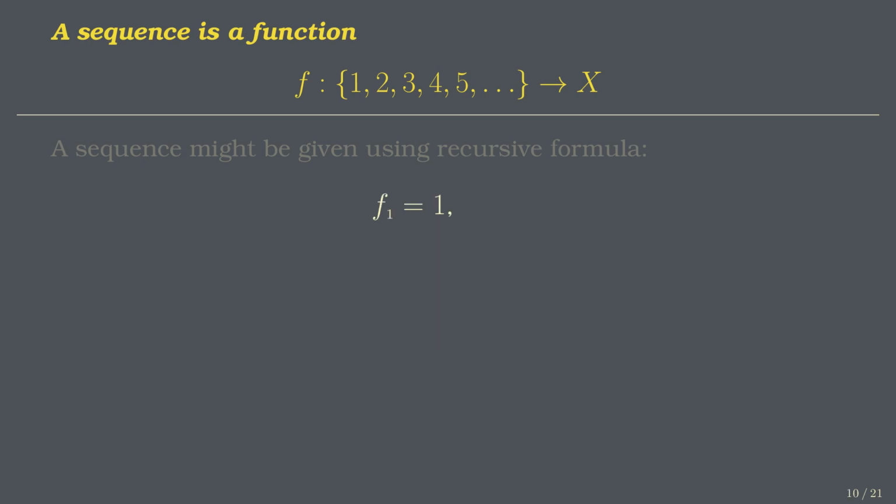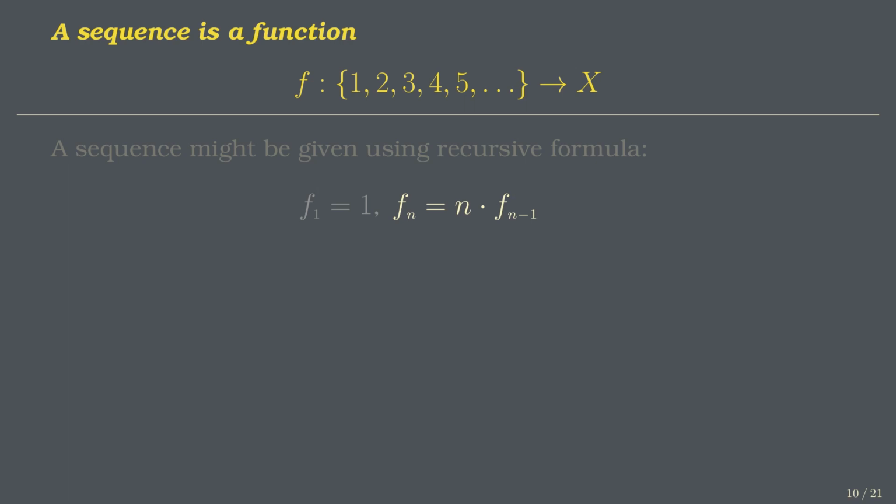We have another sequence given by f1 equal 1, and then after that as n is greater than 1 you can define fn using fn minus 1, and the specific formula in this case is fn is equal to n times fn minus 1. And so you may ask, how can you determine the real value of fn?